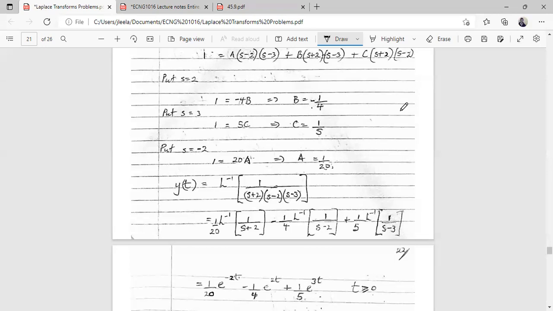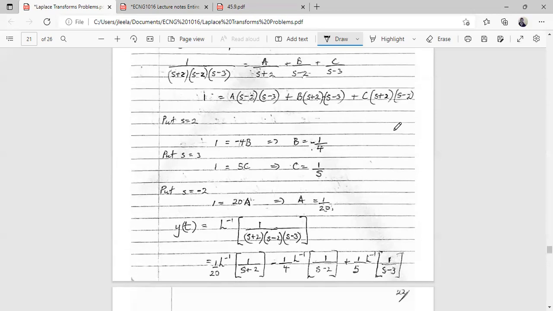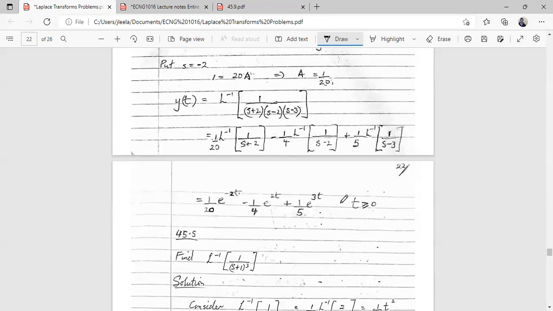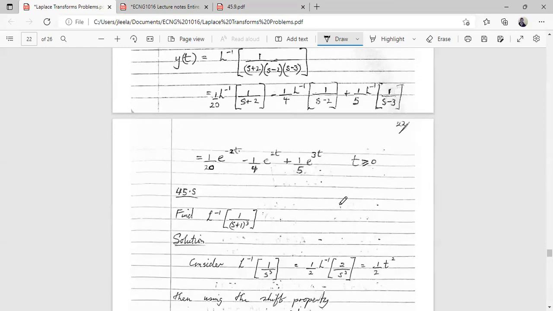So you're adding 1/5 times the Laplace inverse of 1 over s minus 3, which is 1 over 20 e to the minus 2t minus a quarter e to the 2t plus 1/5 e to the 3t for t greater or equal to 0.